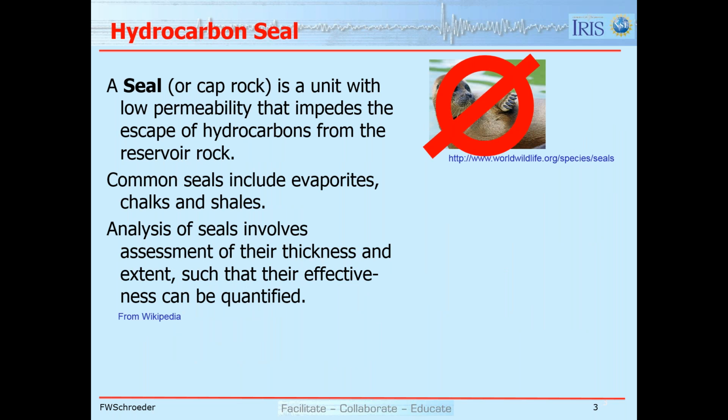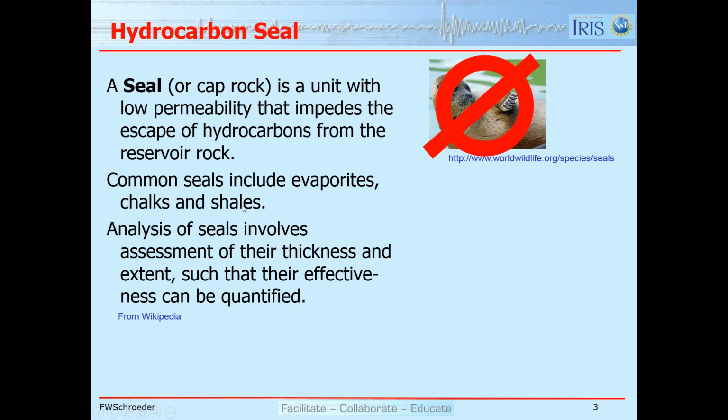So what is a hydrocarbon seal? It's not the little critter that you might go to SeaWorld to see. It is a unit, and it has to have low permeability so that it impedes the escape of hydrocarbons out of the reservoir rock. Some of the more common seals are any type of evaporite, salt type deposit.